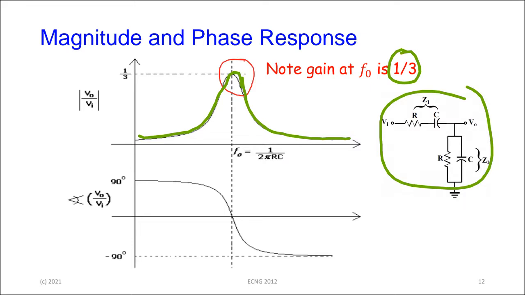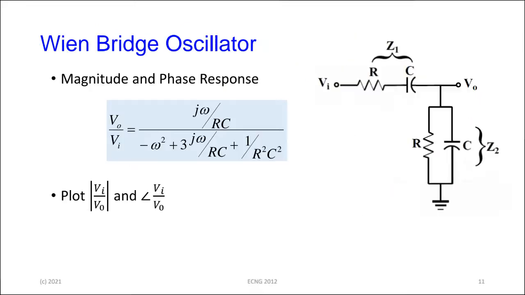Look at what happens to the phase as well. You can work it out, but again, we'll do it more formally in signals and systems. If I give you a complex number, the argument of the complex number is the inverse tan of the imaginary part over the real part. So you can do that here.